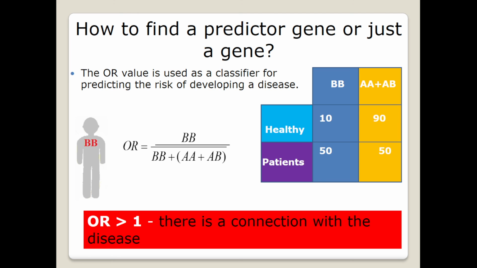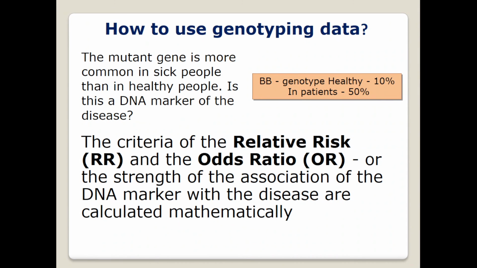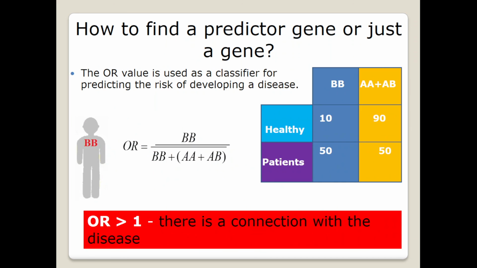And let's say the OR, the odds ratio, will be more than 1. If more than 1, it means there is a connection with disease. And if we find the BB genotype in patients, we can think, aha, it will be disease, either now or very soon.